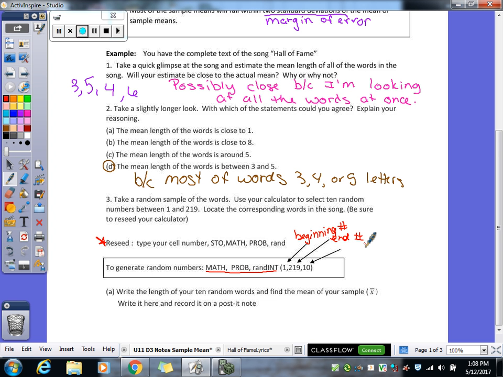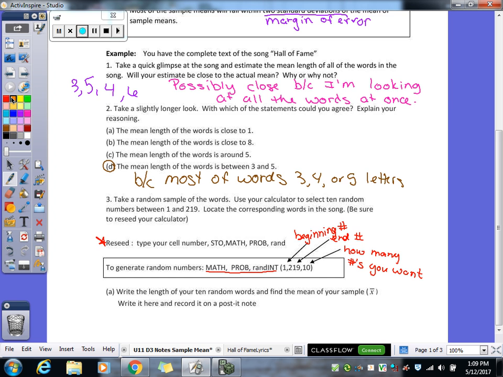So you're saying anywhere between 1 and 219, it can pick any of those integers in between there. And then 10, that's just how many numbers you want. We want to pick 10 numbers. So you've got to do your beginning number, end number. So you're setting your parameters there, and then you're telling it how many numbers you want.